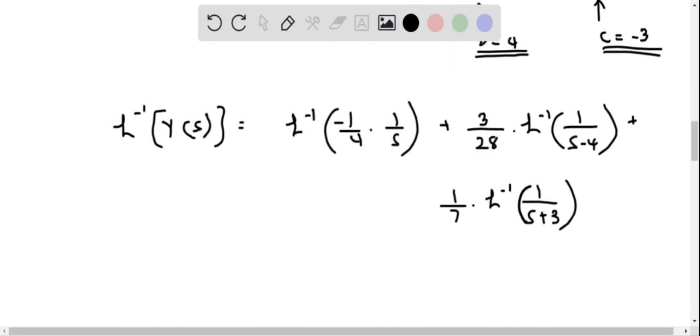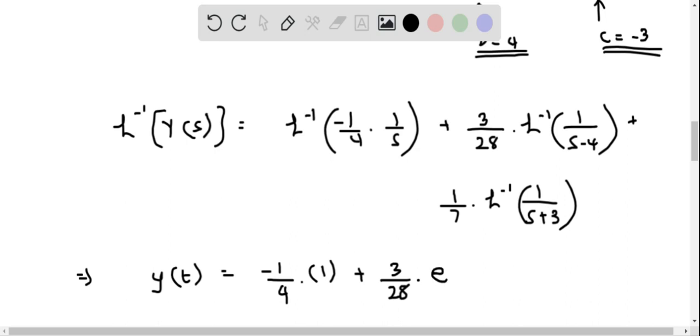And so this gives the Laplace inverse of Y of s, which is written as y of t, and this equals, factoring the negative 1/4 from the first term, we are left with the Laplace inverse of 1 over s, which equals 1, plus 3 by 28 and the Laplace inverse of 1 over s minus 4.